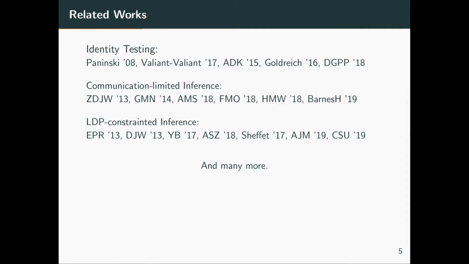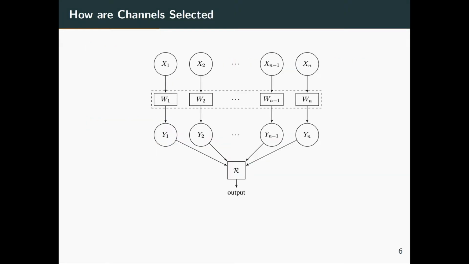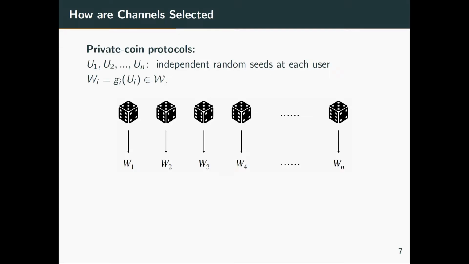There are many related works in this area, including identity testing, communication limited inference, and LDP constrained inference, and there are many more. In this talk, we also consider another aspect of the protocols, which is how the channels are selected. The first kind of protocol is called private coin protocols. In this case, each user has his or her own dice, and they can throw the dice an arbitrary number of times to generate independent random seeds at each user.